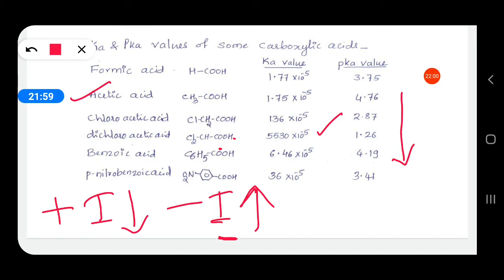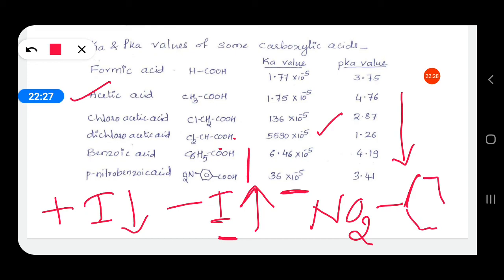Benzoic acid, it is 6.46 into 10 raised to minus 5 and pKa value is 4.19. Para-nitrobenzoic acid, again here in benzoic acid and para-nitrobenzoic acid, the Ka value is increased because the NO2 group is an electron withdrawing group. It withdraws electrons from the benzene ring, so that the benzene ring can take the negative charge from this ion.